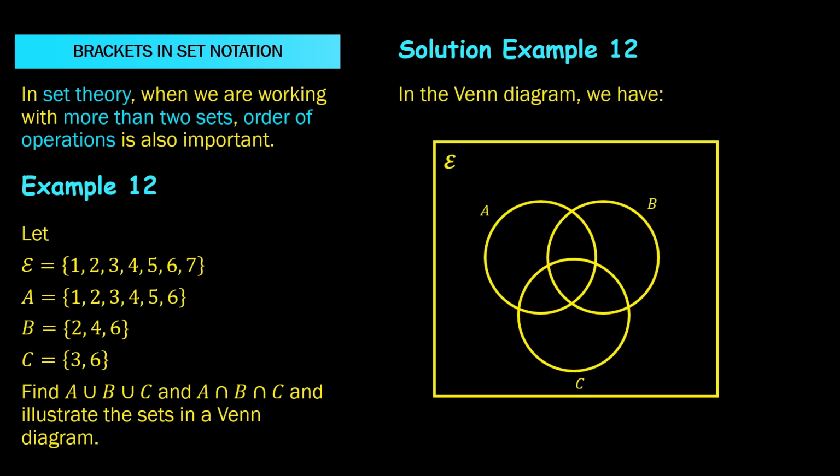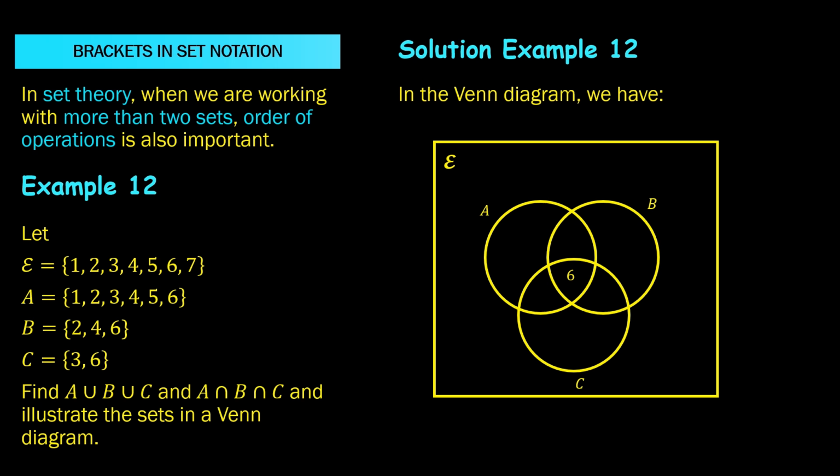We begin with our raw Venn diagram as shown on the screen, and then start to put the figures in. We should begin right from the center, where all 3 sets intersect. The only element which is common to all 3 is 6.